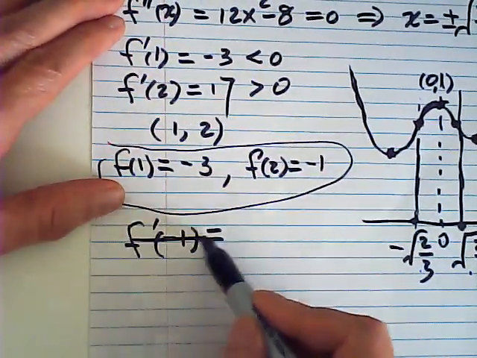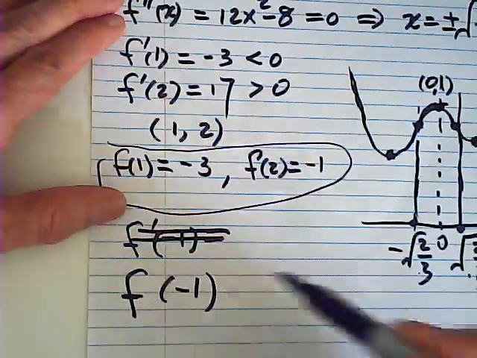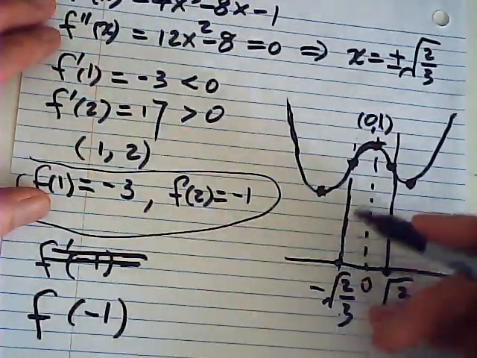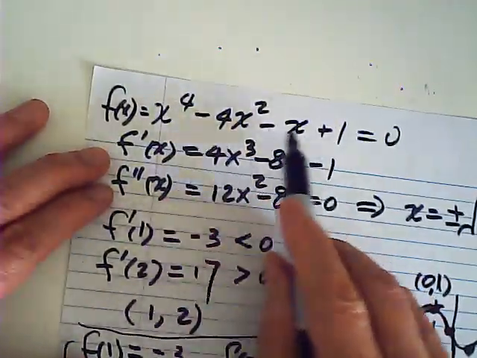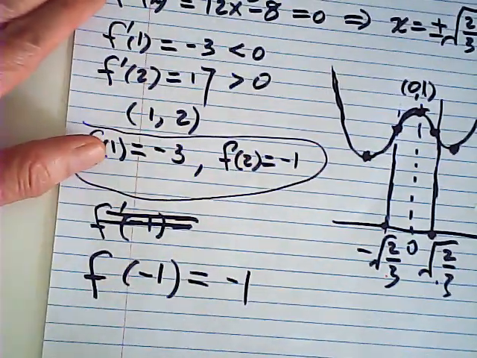No, I'm sorry. We check f of -1. We want to check whether the point is below or above the x-axis. This one we check, put -1 in, and it is a good -1.